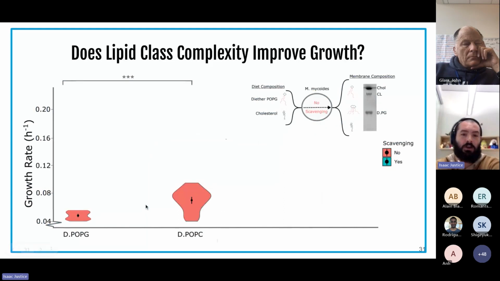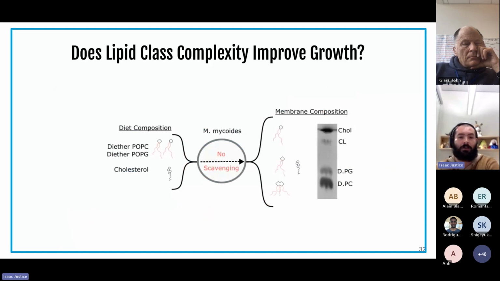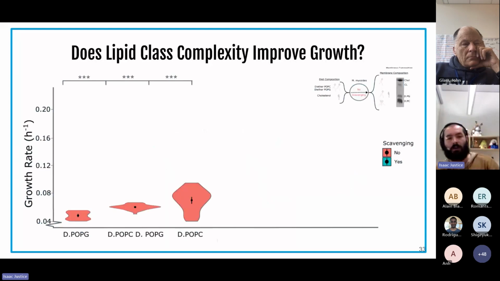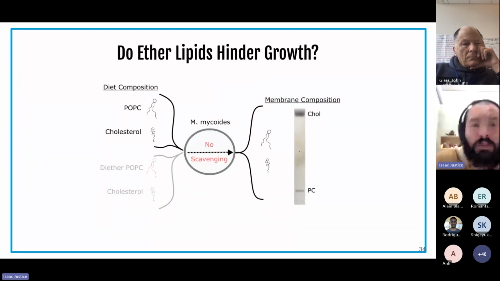And we saw that not only did we not recover growth, growth was actually worse. And what we did next was confirm that even if we fully bring back the lipid classes that it would hypothetically have access to if it could remodel, cardiolipin, PG, and PC, we still don't recover growth. So then the next question was a confirmation that there wasn't something about the ether lipids that was harming the cells.